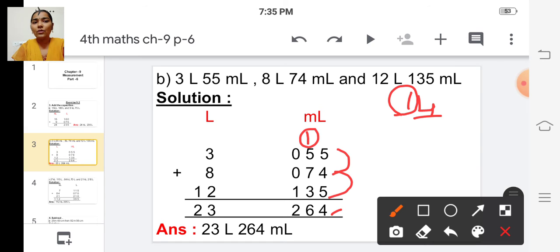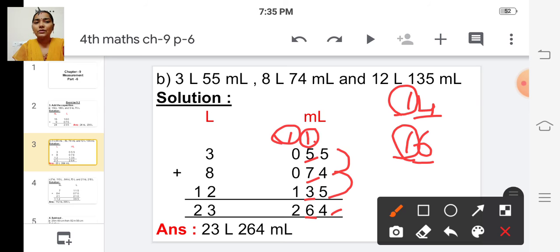Now add 1 plus 5 is 6 and 6 plus 7 is 13 and 13 plus 3 is 16. 16 is also a 2-digit number, so write this 6 in the answer and carry over this 1 to the next place.